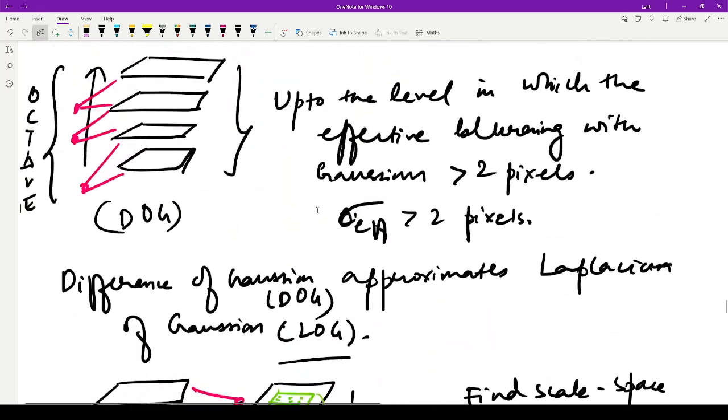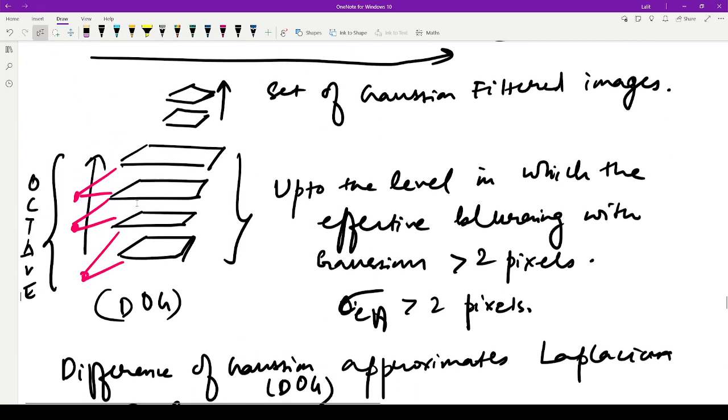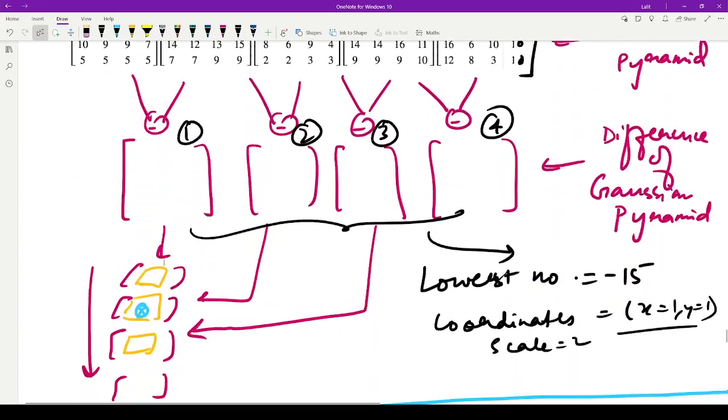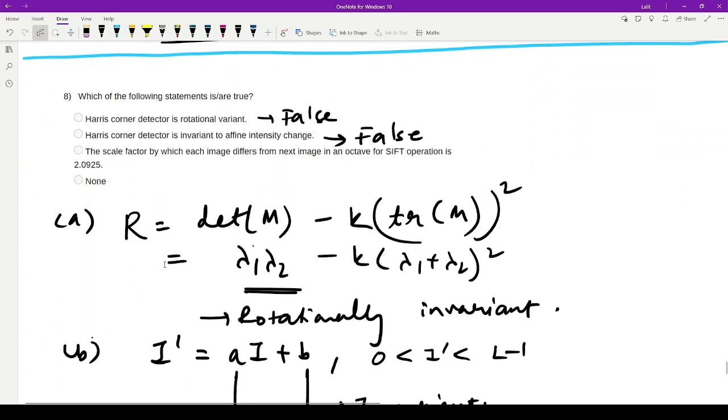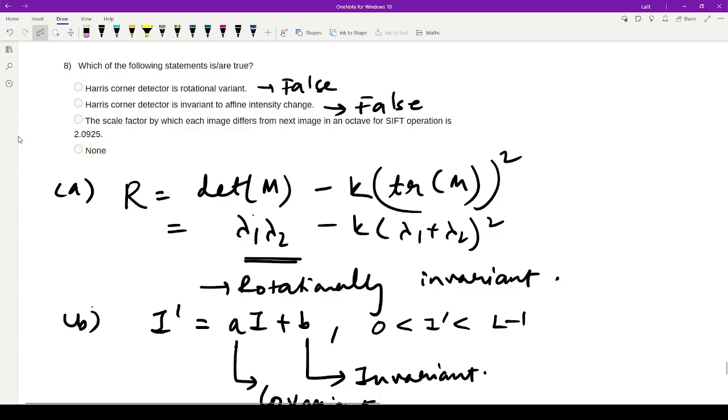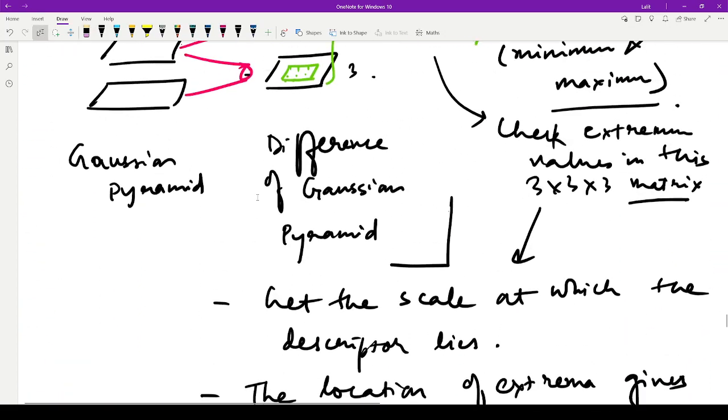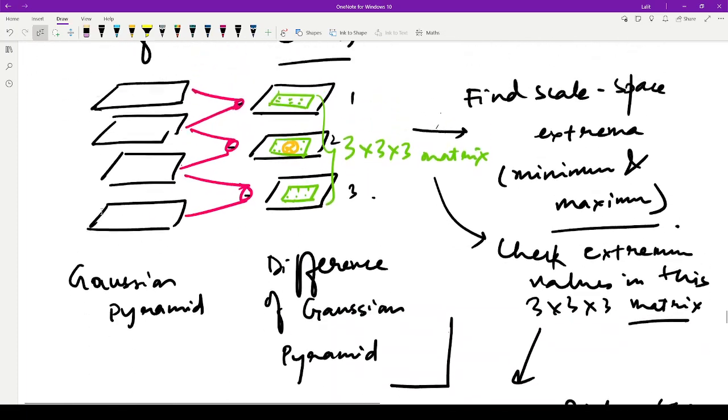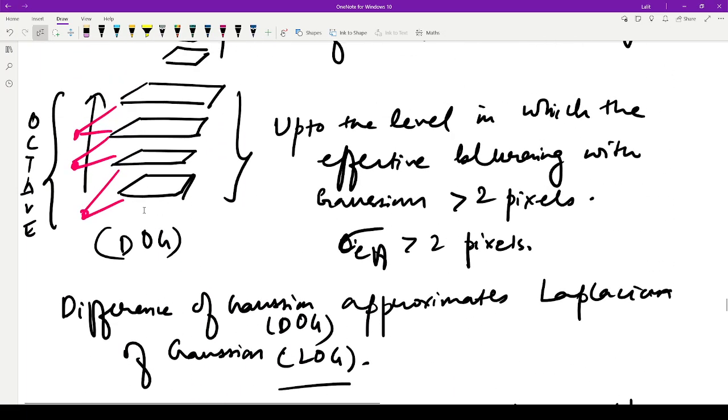So within an octave, your scale factor should of course be less than 2, right? What about the question that they give? The scale factor by which each image differs from the next image in an octave is 2.0925. So it is greater than 2, which is false, right? If it's greater than 2, your octave will only have two images rather, the first and the last image.